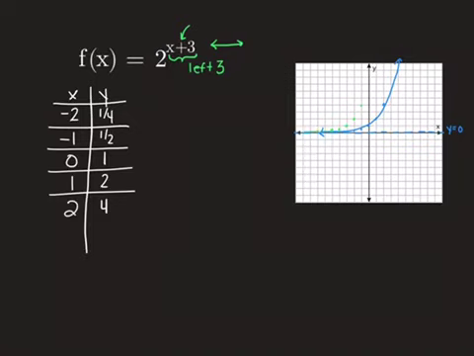And our asymptote doesn't move because we didn't shift up or down. So our domain and range do not change from our original function, which was negative infinity to infinity, and then our y values go from 0 to infinity. So this was our parent function, and this is our final transformation.